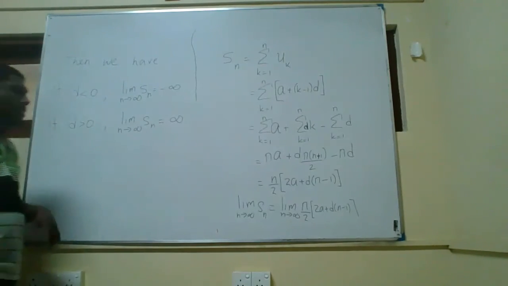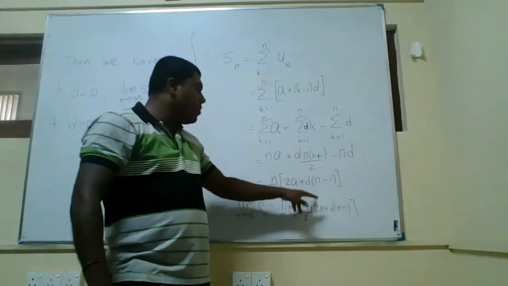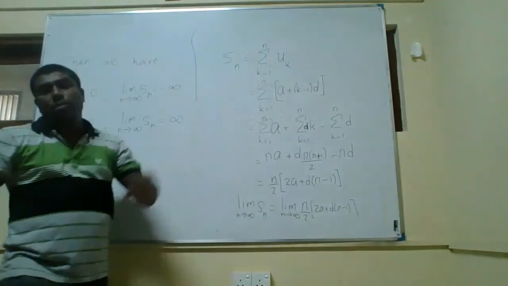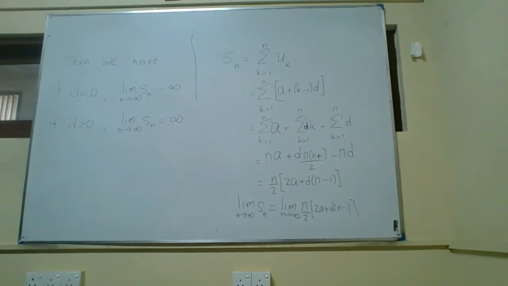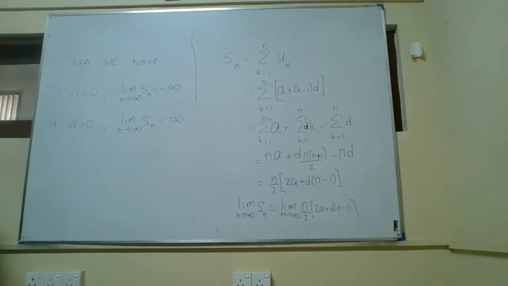And if d is positive, then when n gets larger, this gets larger, positive, positive, positive. So all of them are positive, n goes to positive infinity, and eventually everything goes to positive infinity. So in any case, the limit of the sequence is infinite. It is either plus infinity or minus infinity, irrespective of what you have for a and d. So clearly it is a diverging sequence.